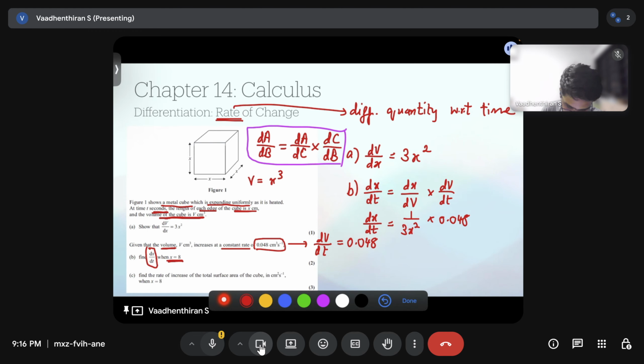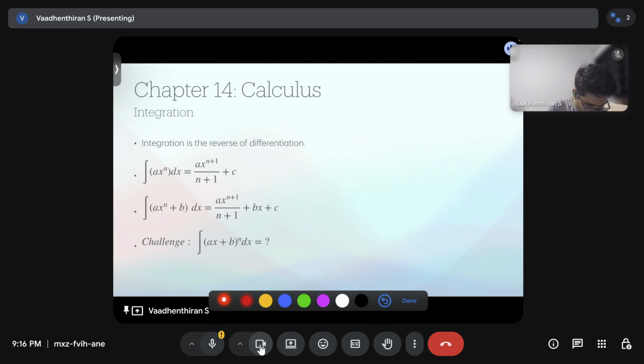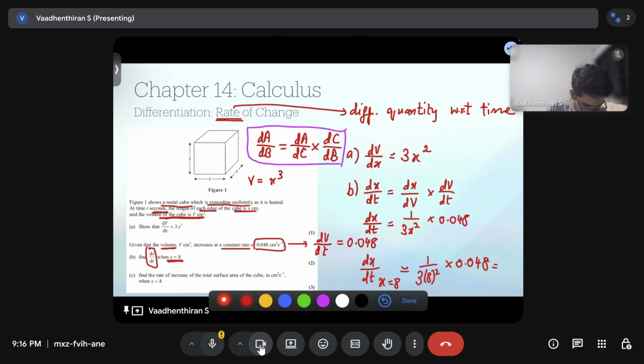Now they're asking when x is equal to 8, so dx over dt will be 1 over 3 times 8 squared, times 0.048. That is about 0.00025. So that is part B.